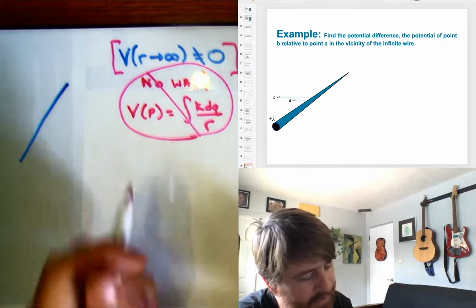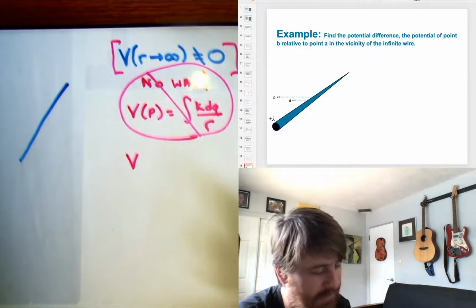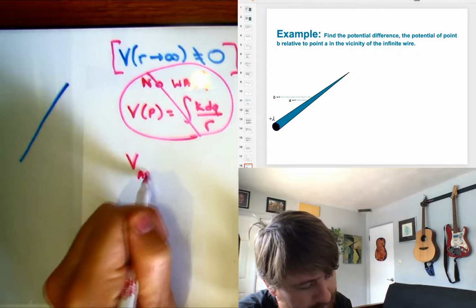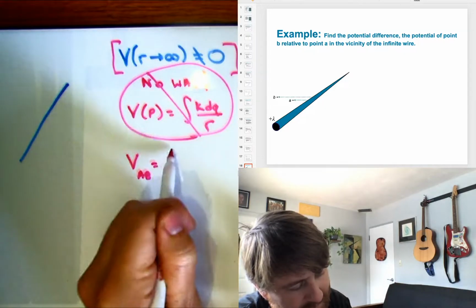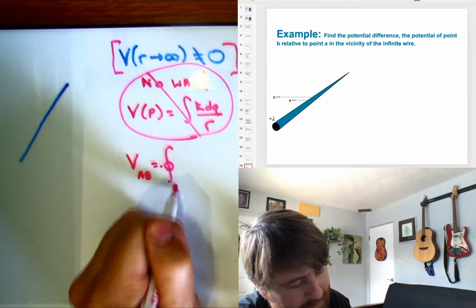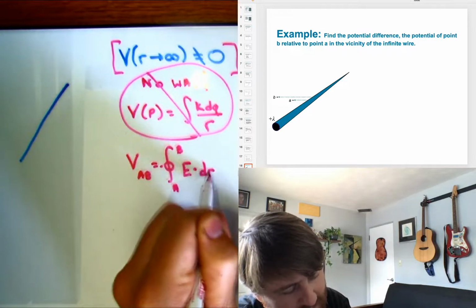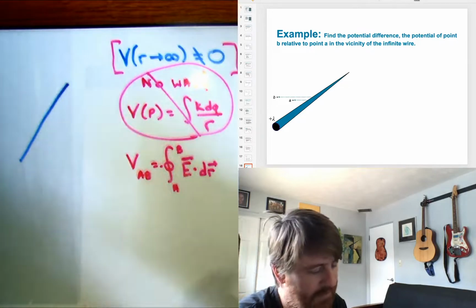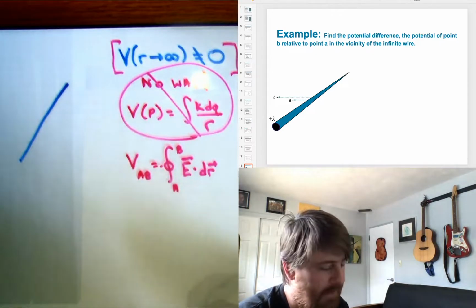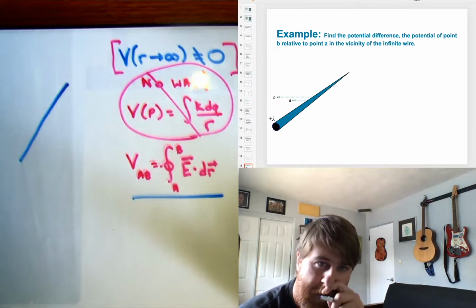We can say that the potential difference between 2 points, VAB, is minus the integral from A to B of E dot dr. This is the equation we're going to use, and we'll use this to develop an equation for the potential from an infinite wire.